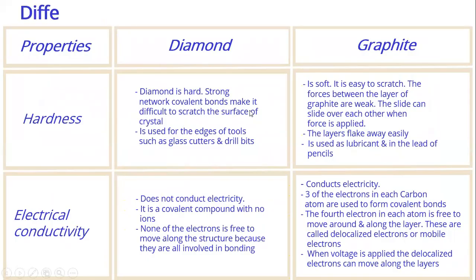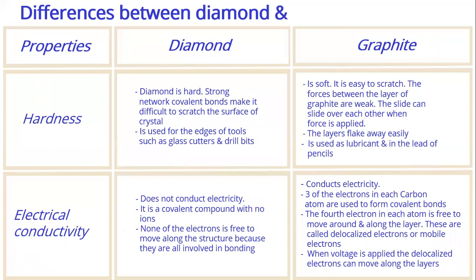Let's look into the differences between diamond and graphite properties in terms of hardness and electrical conductivity. Diamond is very hard. The strong network of covalent bonds makes it difficult to scratch the surface of the crystal.